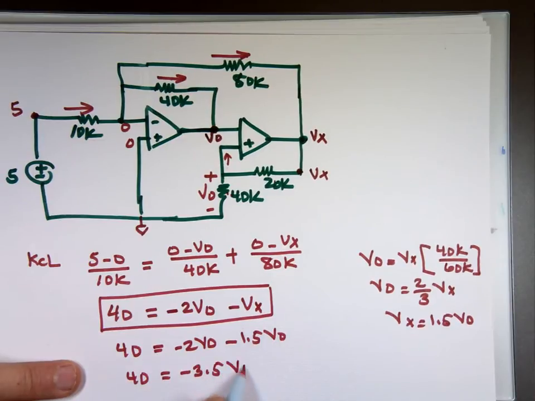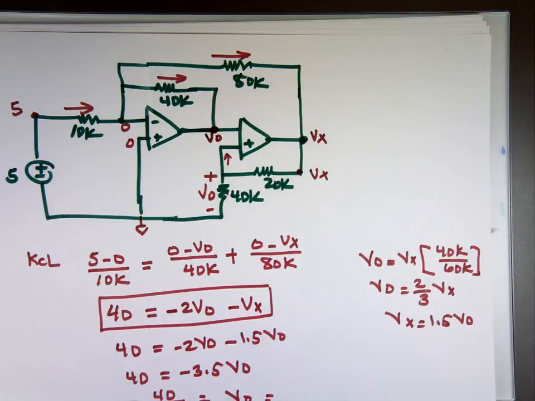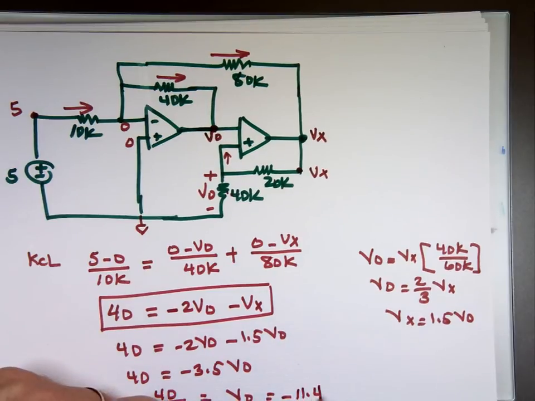What is V out going to be? Negative 40 over 3.5. Negative 11.4. Done.